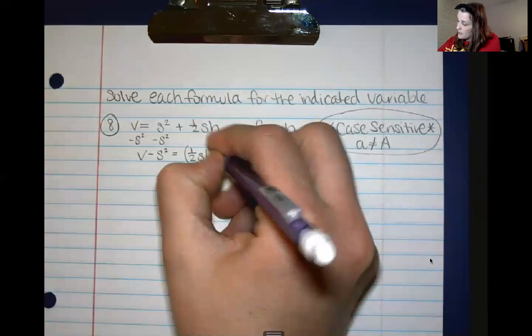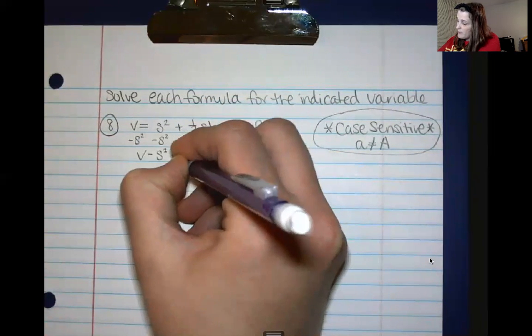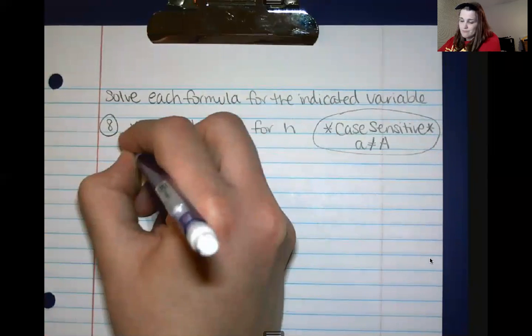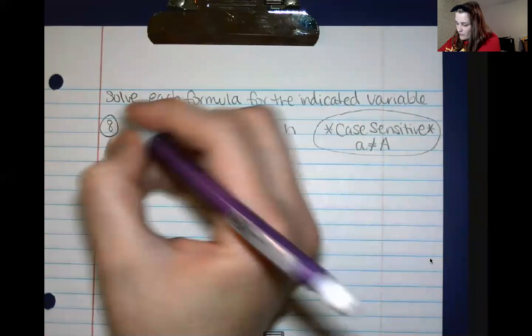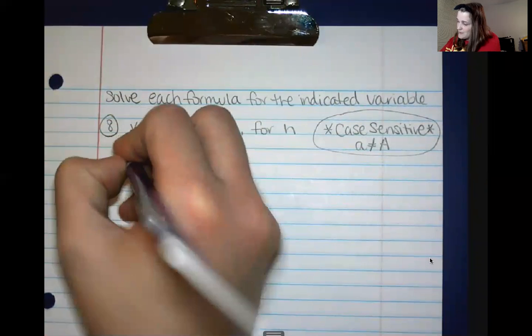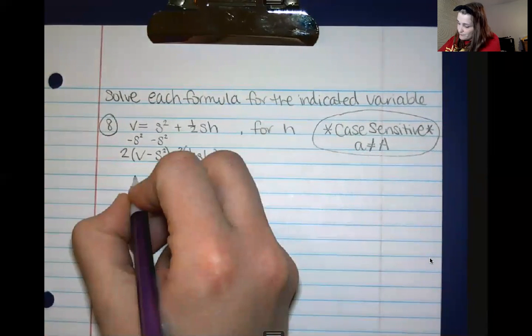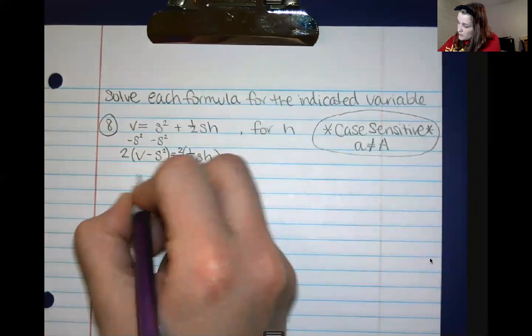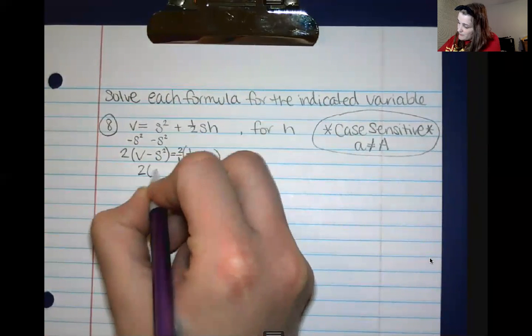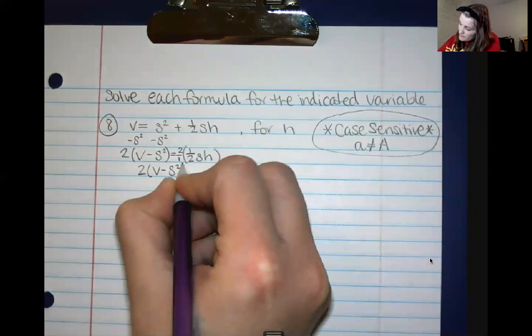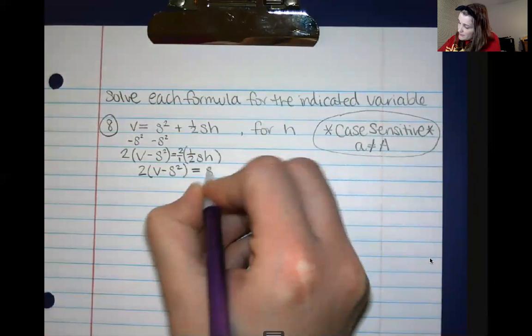And the reciprocal of 1/2 is 2 divided by 1, or just 2. We're going to multiply by 2. So I have 2 times V minus S squared equals SH.